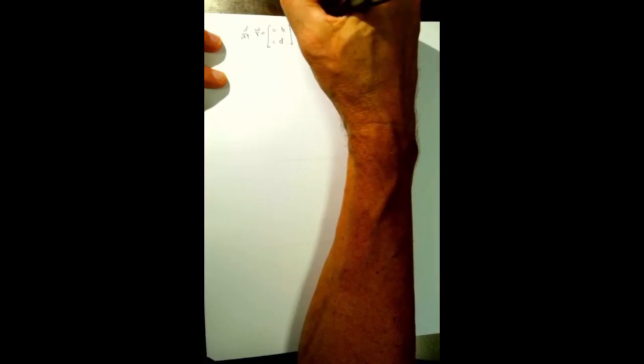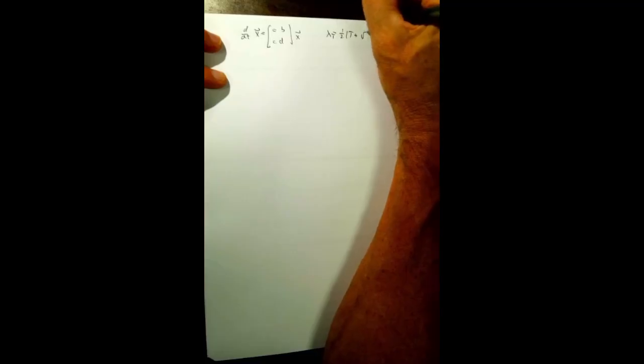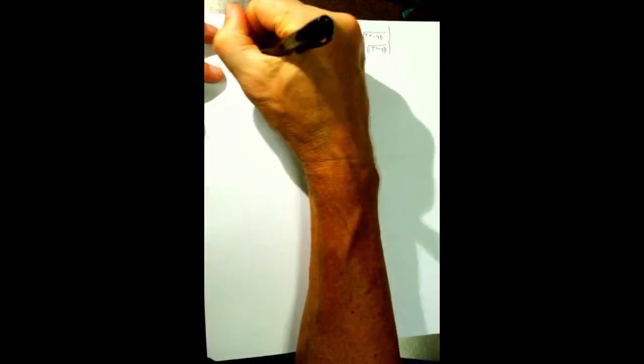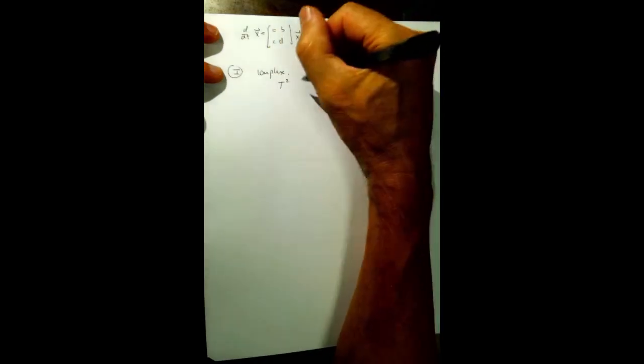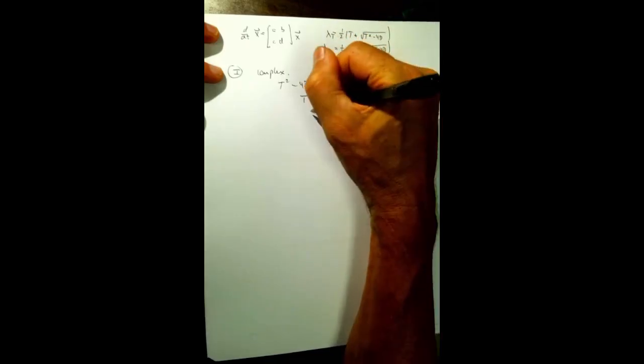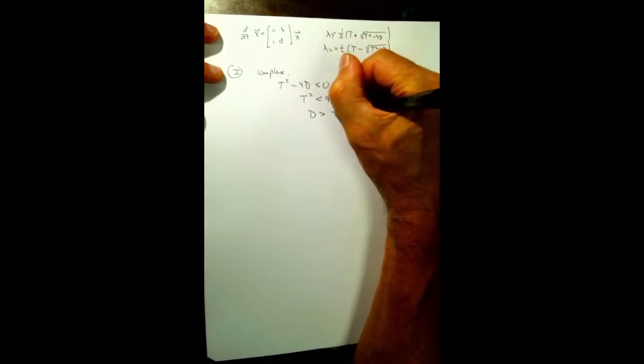So again, I've got my system of equations. My lambda 1 is 1/2 T plus the square root of T squared minus 4D. Lambda 2 is 1/2 T minus the square root of T squared minus 4D. I know that T squared minus 4D is negative, which means that T squared is less than 4D, so D is greater than 1/4 T squared.